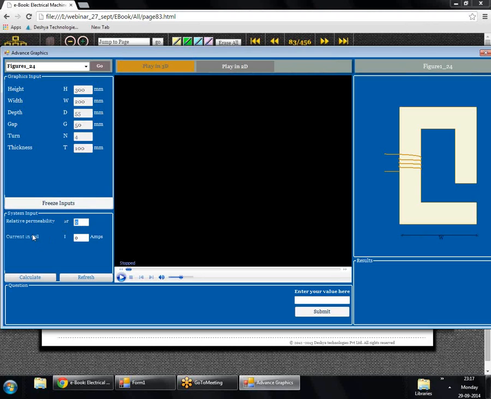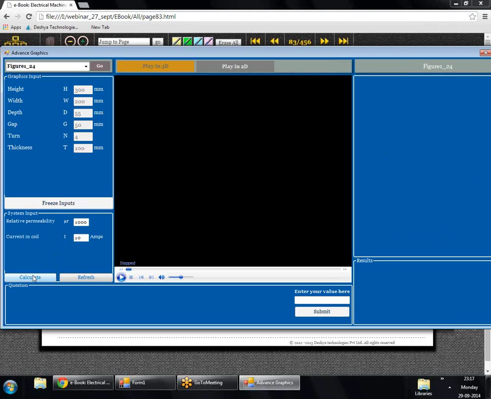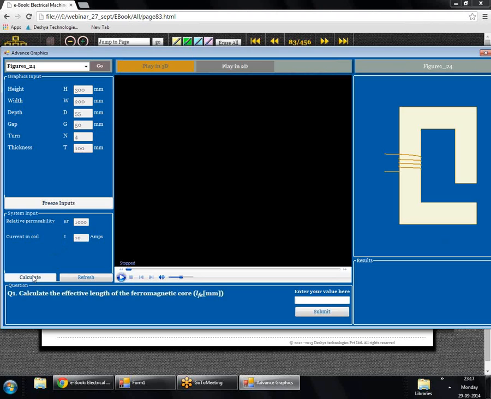inputs, and then a new window appears where we have to enter some system inputs. The first system input is the relative permeability. Maybe we set it to a value of 1000, and the current through the coil, let's say it's 10 amperes, and then we click on calculate.